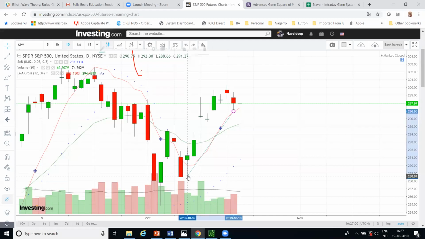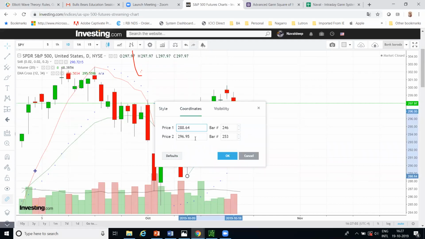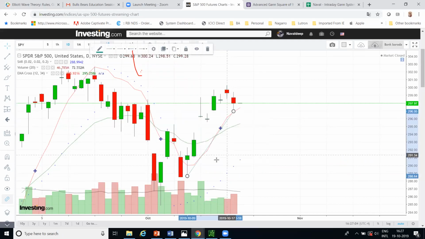The low is 2864. 2696. Okay, so this is the trend line. Here you see that the direction of the trend is up. If you bought something here, there's an extension towards this line.